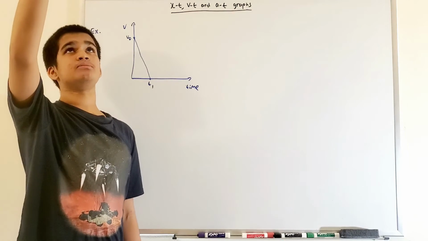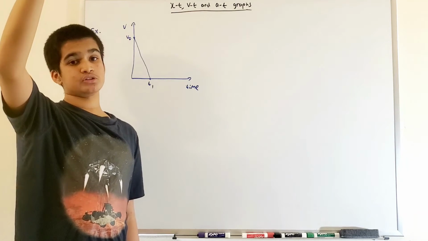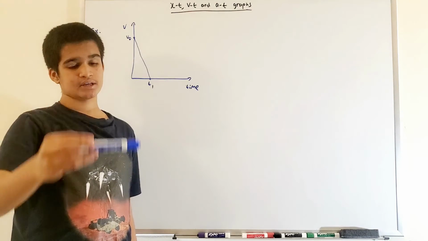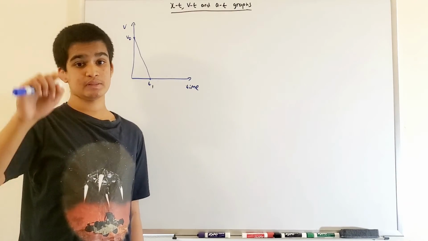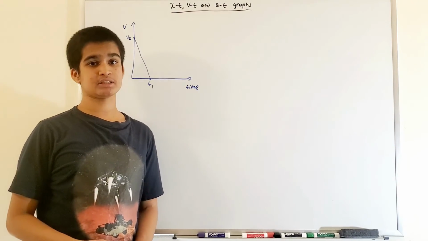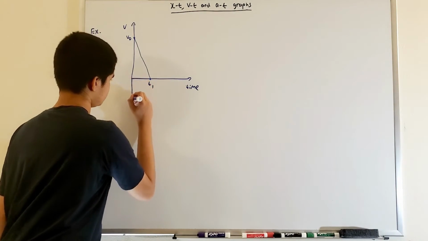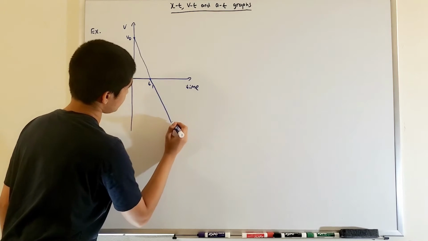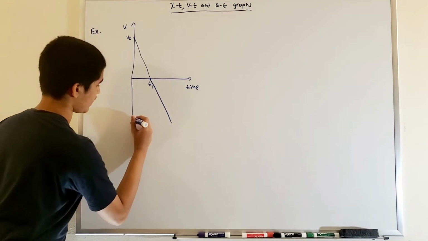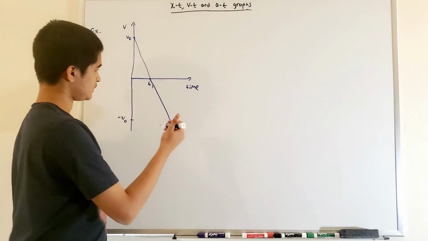As the object comes down, we see that its speed is going to continue to increase as it comes down, but this speed will be in the negative direction, so that means that the velocity will be negative. And it will come back to negative v0, as you will learn later.